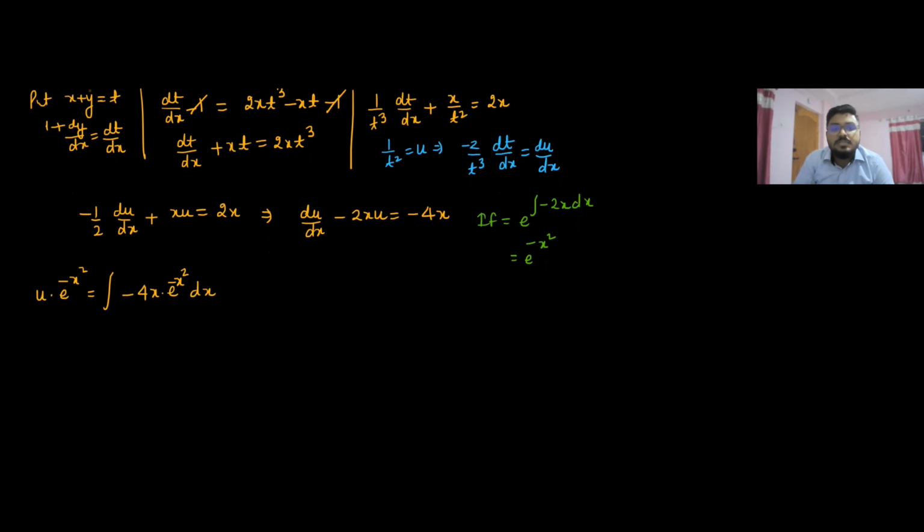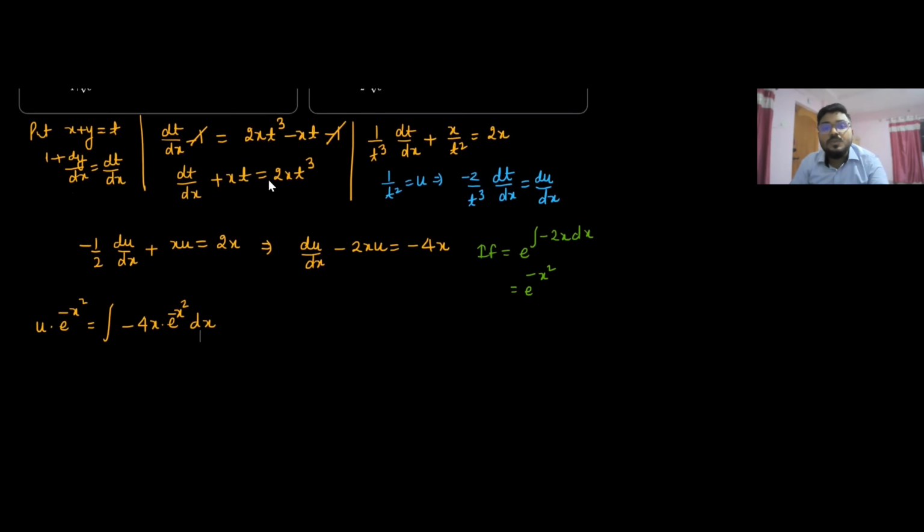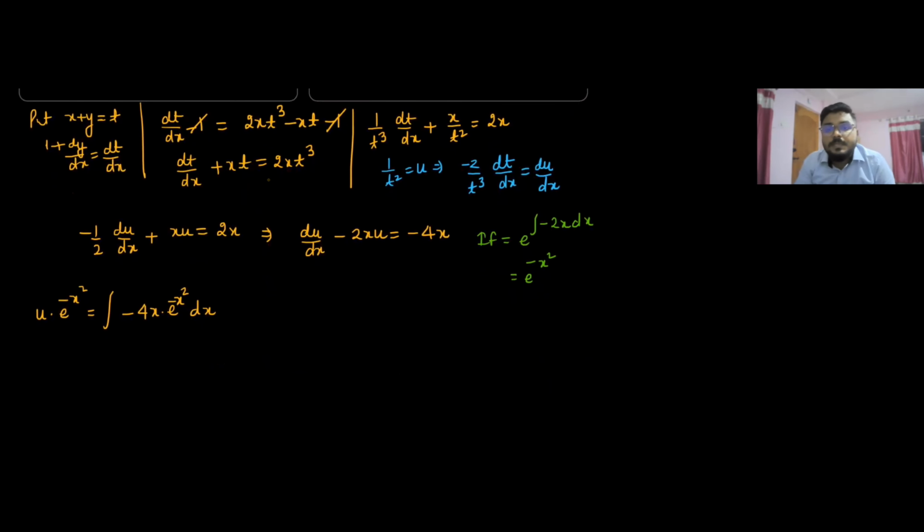dx. Now we have to integrate this, and u is what we have assumed. U we have assumed as 1 by t square. So this is e power minus x square by 1 by t square equal to this integral. What we should do with this integral? So x square is something whose derivative is something in terms of x.